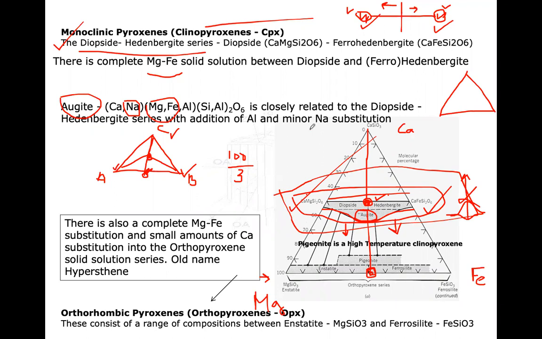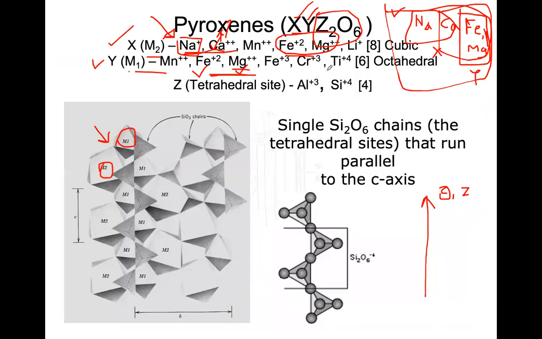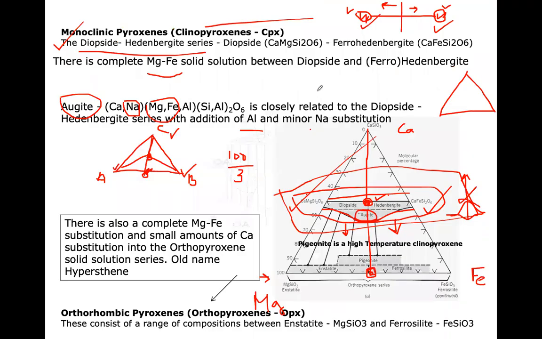Aluminum is anyway there for any pyroxene, because it comes as a replacement for silicon. For any pyroxene, you must have aluminum, so it's not a big deal. But this sodium thing is important. The minus sodium substitution is important for augite.